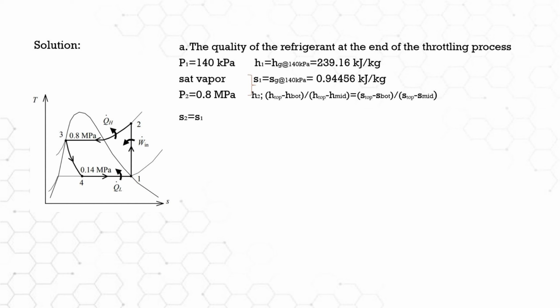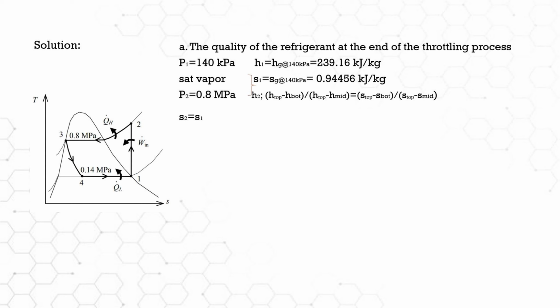enthalpy at state 2. In interpolating, we use the formula: enthalpy at top minus its bottom over the enthalpy at top minus its mid value is equal to entropy at top value minus its bottom over the entropy at top minus the mid value.